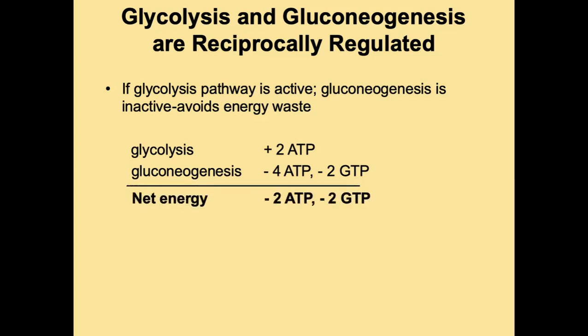If these reactions were occurring at the same time in the same cell, what we would have is that glycolysis would be generating 2 molecules of ATP, whereas gluconeogenesis would be using it. And so what we'd have is a net energy loss of 2 ATP and 2 GTP molecules.